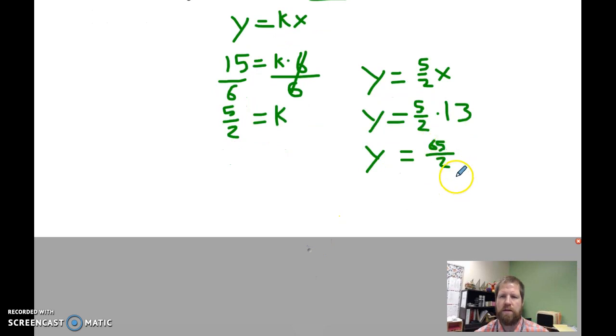Or we can simplify that a little bit, and we could say that y is equal to 32 and 1/2.